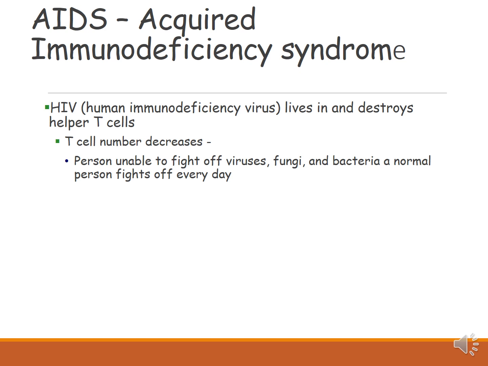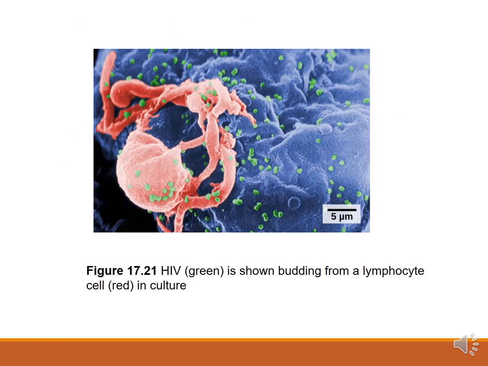It also makes the individual more likely to suffer from particular types of cancers. This is showing HIV infection, and as the virus replicates, it's then released from the lymphocyte to go affect other cells, other T lymphocytes.